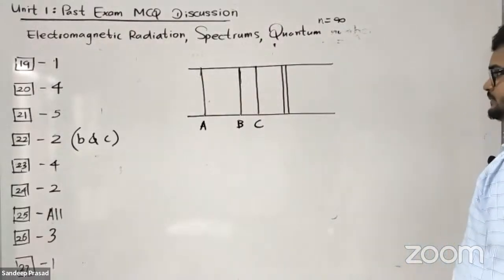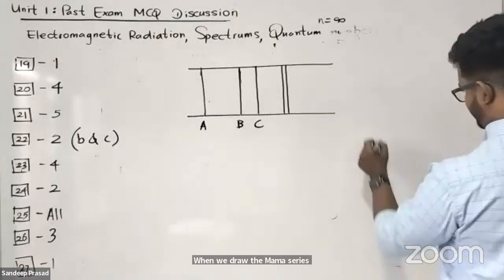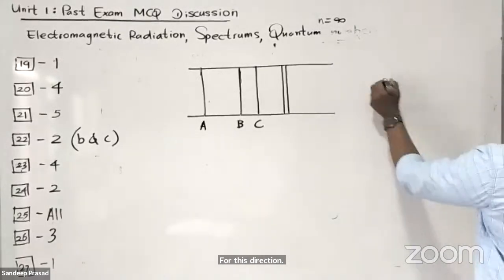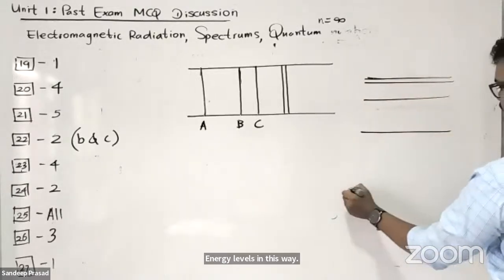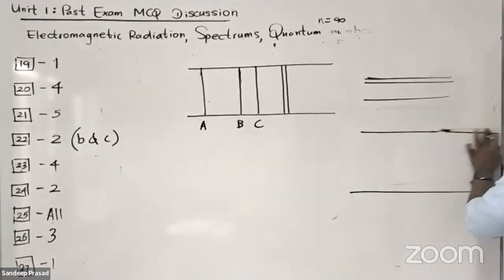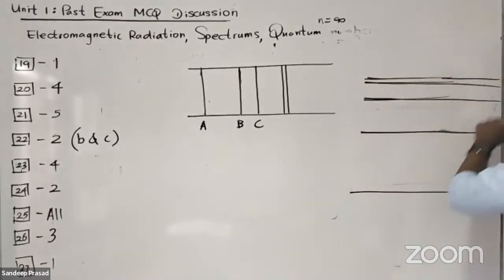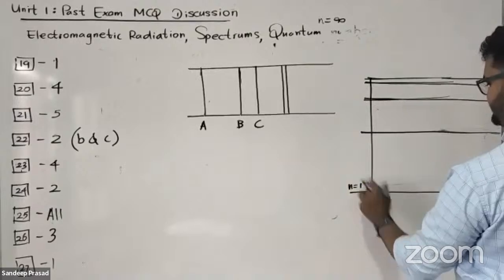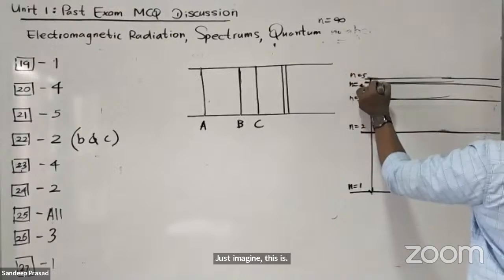So normally we know that when we draw the Balmer series for this direction, energy levels in this way, just imagine these are principal energy levels in this way, Lyman.